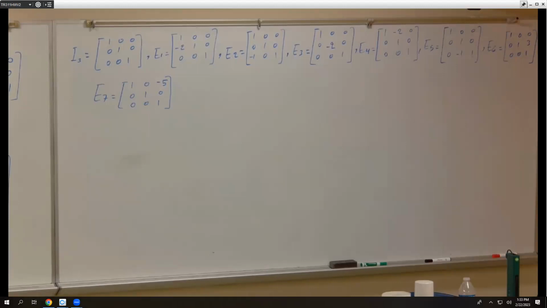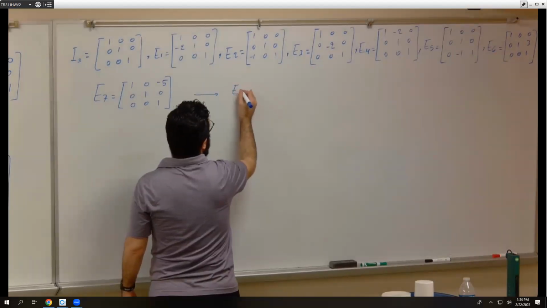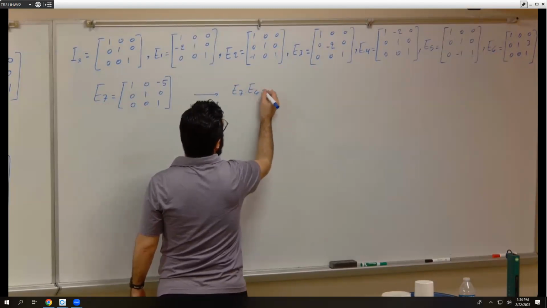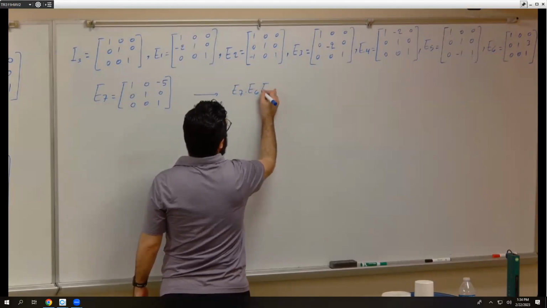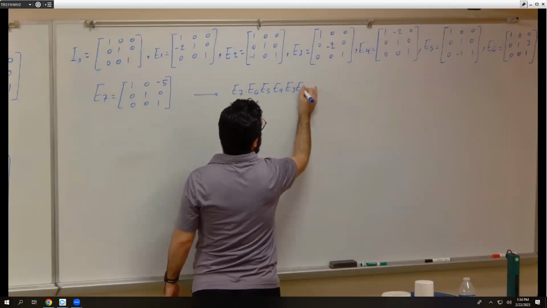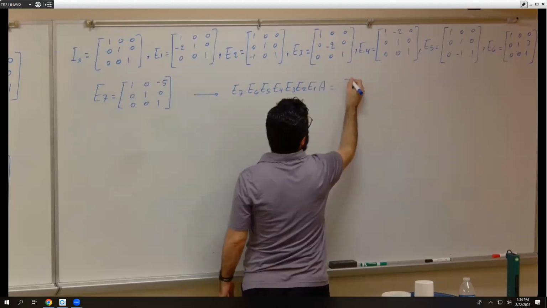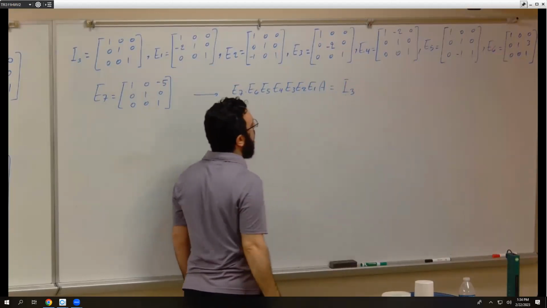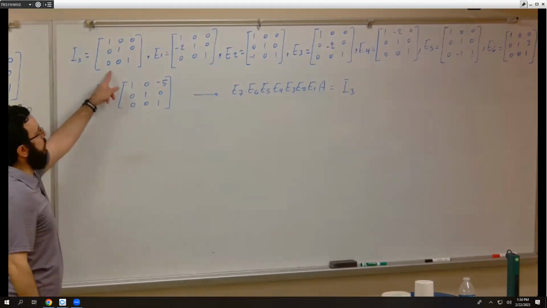So if you multiply E7, E6, E5, E4, E3, E2, E1, and go back until you multiply by A, the result is going to be the identity matrix, which is this one.